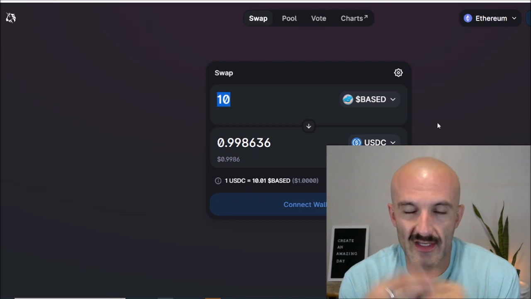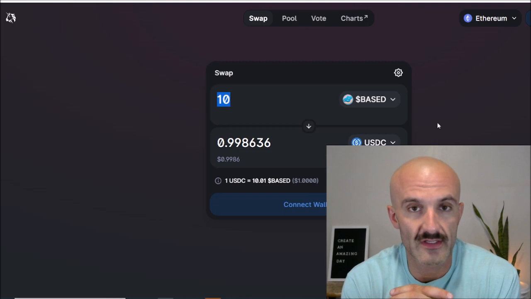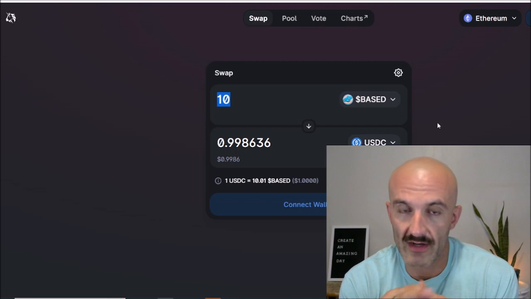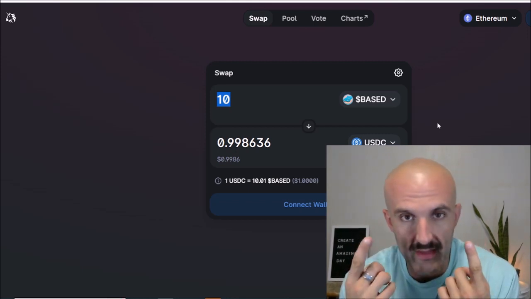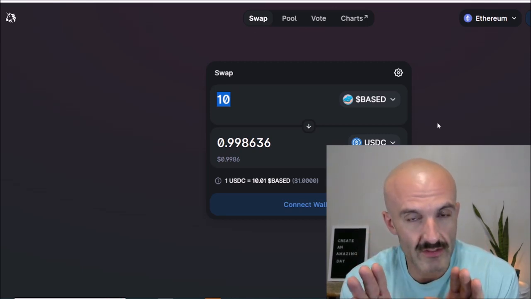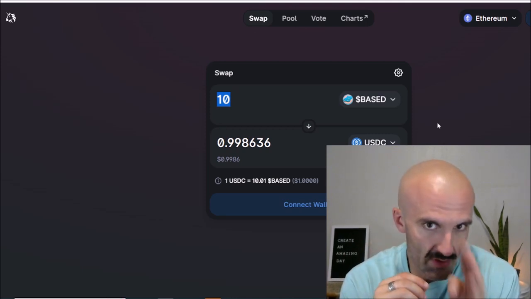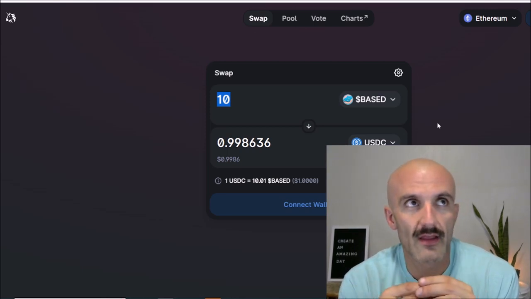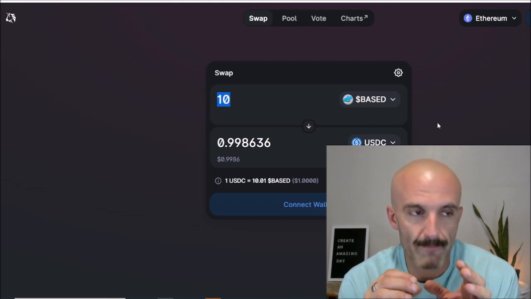Now, impermanent loss is like an opportunity cost from choosing to earn fees. You could choose to not earn fees and just hold a token, and that's your prerogative. Well, if you do choose to earn fees and you have A and B and they're both not scams, and you're okay with holding either token in full, meaning you're okay with holding all your assets in A or all your assets in B that you choose to put into this LP pool, then when you take a position in LP, you're choosing to earn fees.